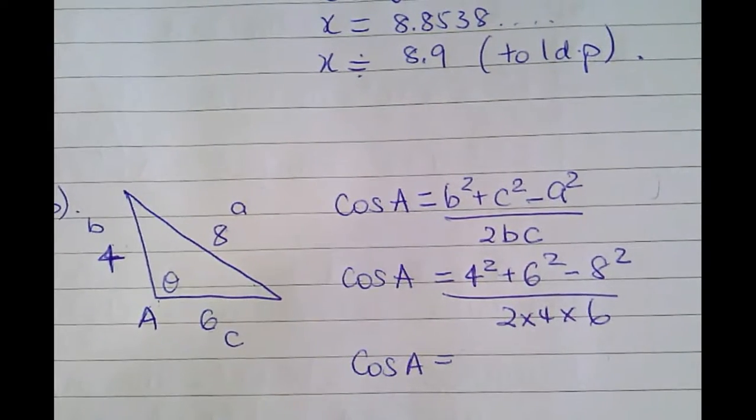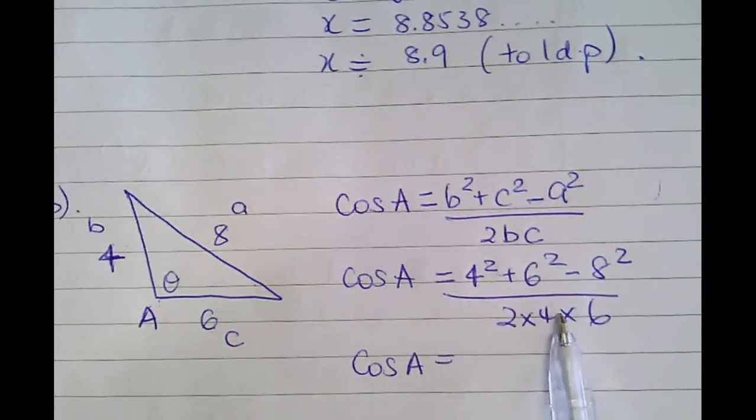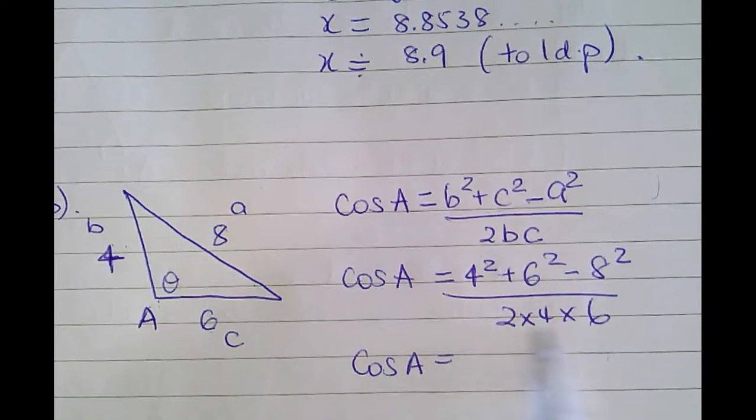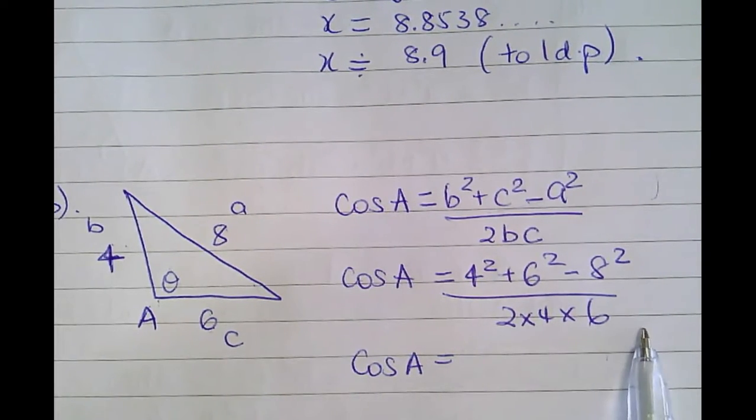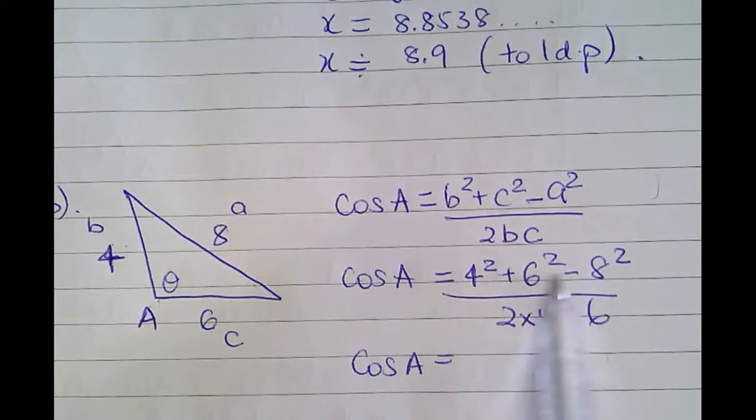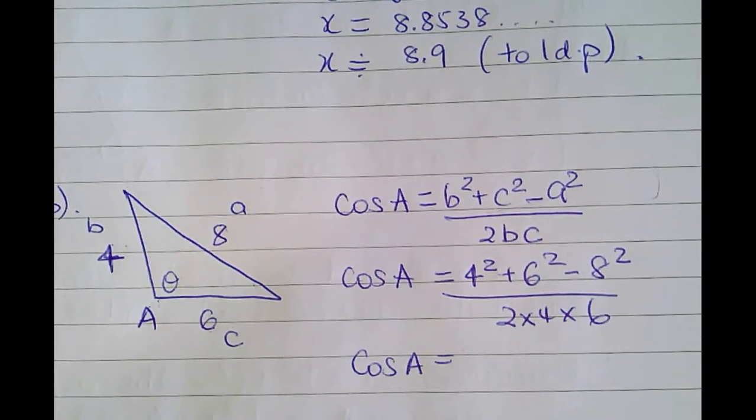What does the denominator here equal? What's 2 times 4 times 6? Right. So do the top row equals, just divide it by 48. Otherwise, you do all of the top row equals divided by brackets for the denominator. You have to use brackets on the denominator. What do you get?